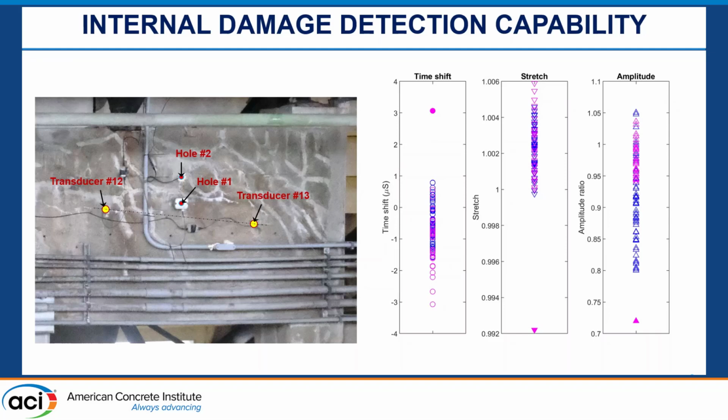In the end, we got to the point where we wanted to see how effective this system was by introducing surface damage. We actually just drilled two small holes into the concrete. You can see hole 1 and hole 2, and see how that affected it. Now if you look at the top of the time shift and the stretch, these what look like outliers are the data after that damage was introduced to the concrete.